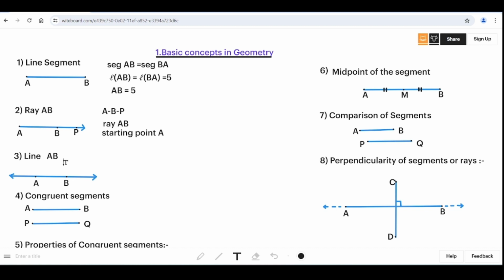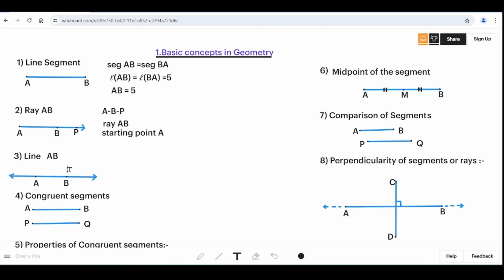Now we have the third concept, line AB. Here we have point P, and towards the right it goes as a ray, and towards the left also it continues. If we don't consider this point, then this ray goes towards the left side.